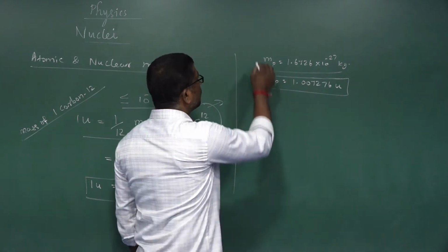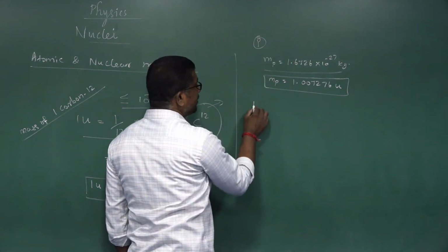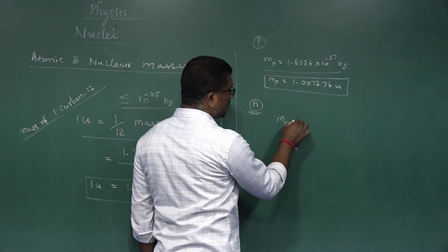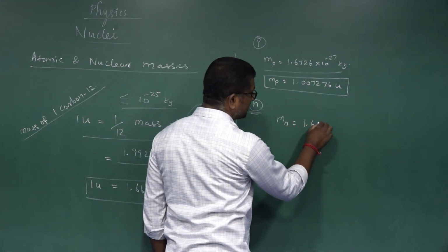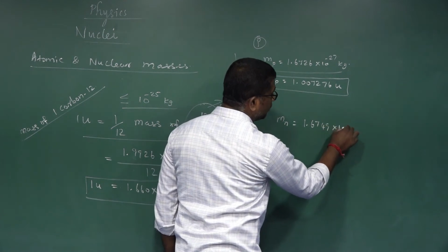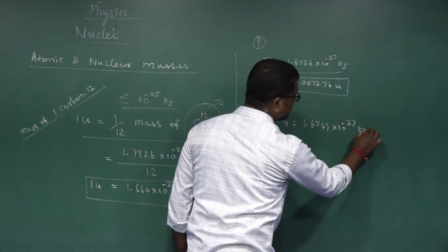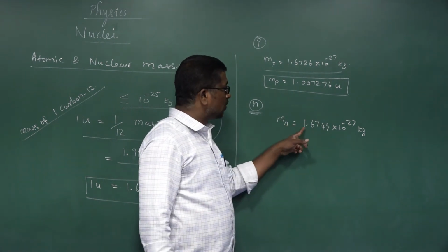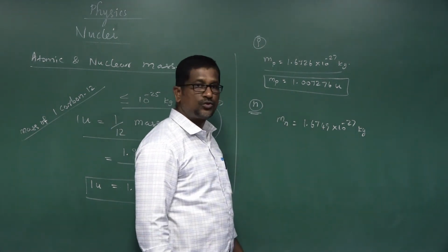And neutron, mass of a neutron value is 1.6749 into 10 power minus 27 kg.